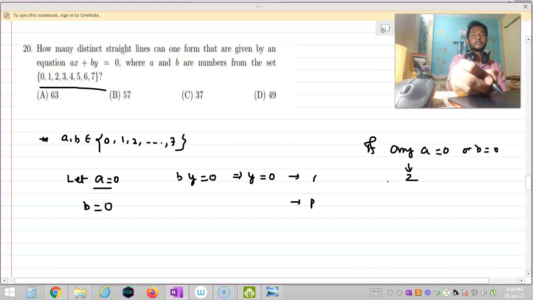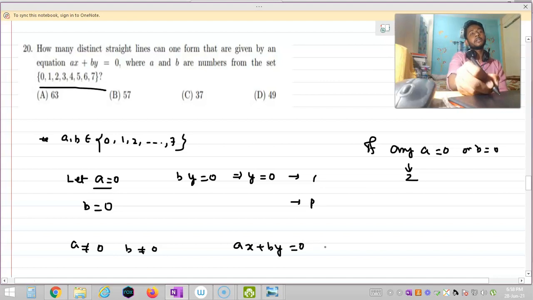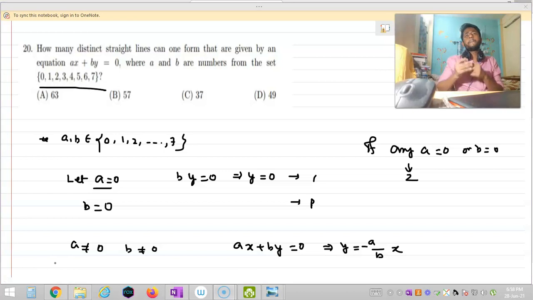Now I am considering both non-zero, a not equal to 0 as well as b not equal to 0. If a is not equal to 0 and b is not equal to 0, then I can write ax plus by equal to 0, which will imply y equals minus a by b x. Now we can choose a particular b.